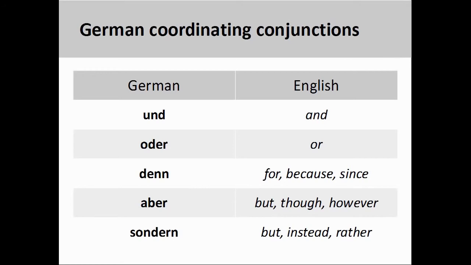Und is equivalent to the English and, oder to or, denn to for, because, and since, aber to but, though, however, and sondern to but, instead, rather. The difference between aber and sondern will be covered in more detail at the end of this presentation. But first, let's take a closer look at how these conjunctions function in German sentences.